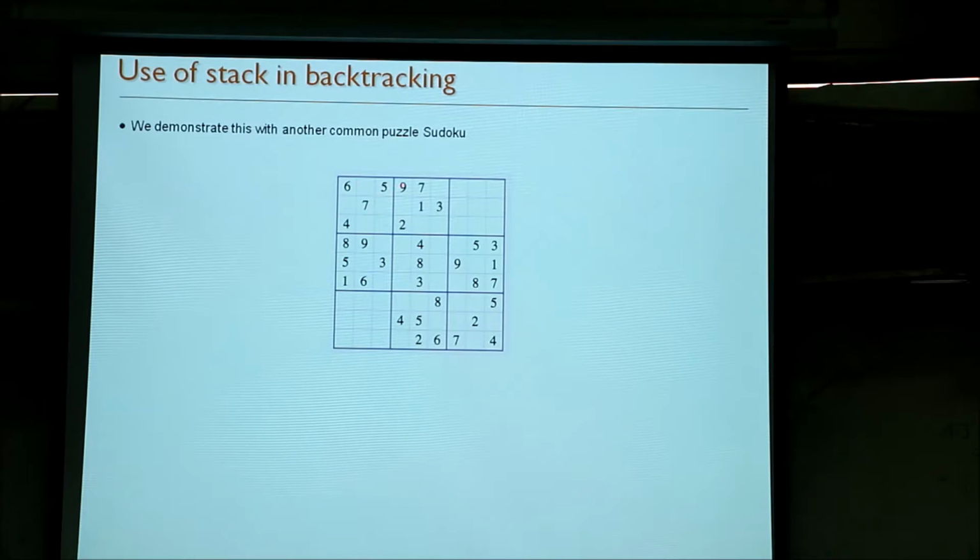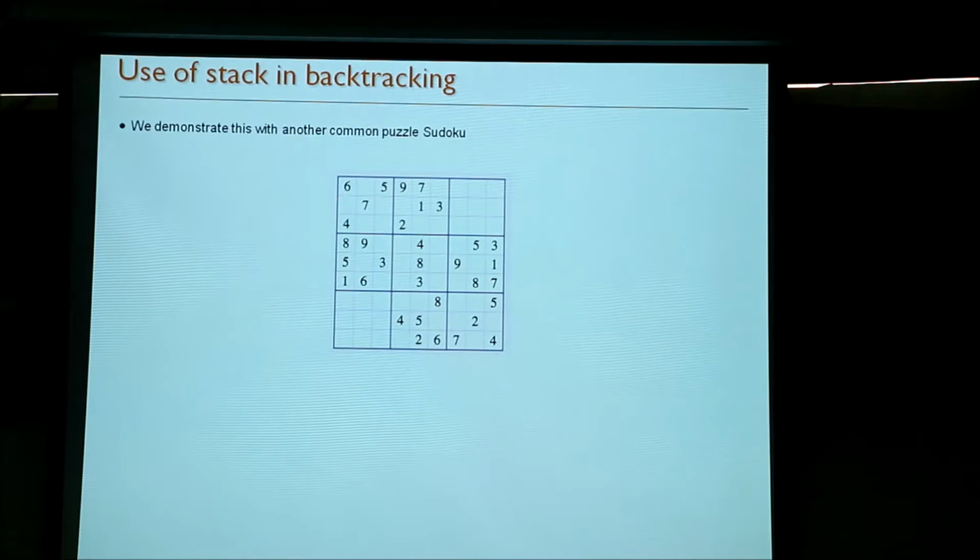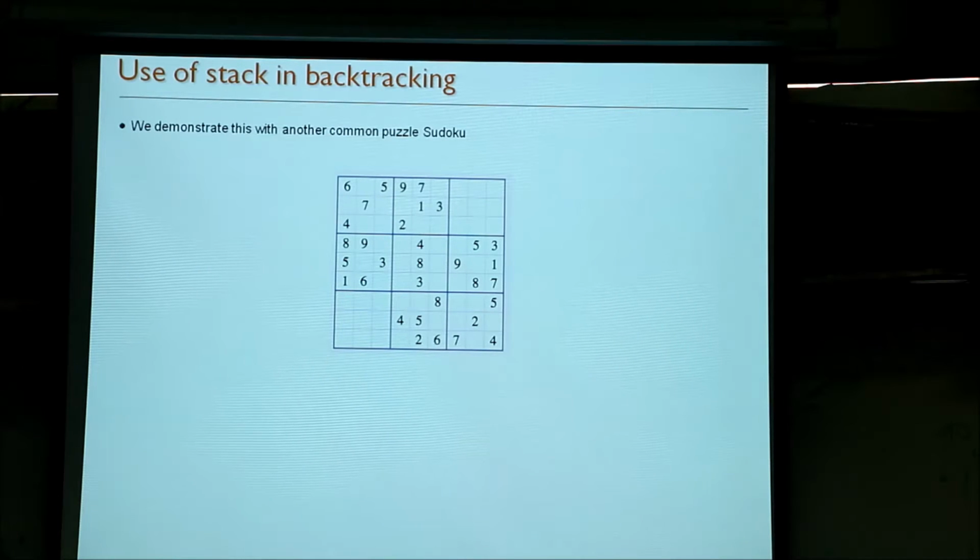There are already 6, 5, 7, 4 placed here. So you have the remaining 5 numbers 1, 2, 3, 8 and 9 which you have to place in this box. The objective of this game is that every row will have each digit exactly once. These are already placed and you have to fill the remaining cells. So you cannot change these values.